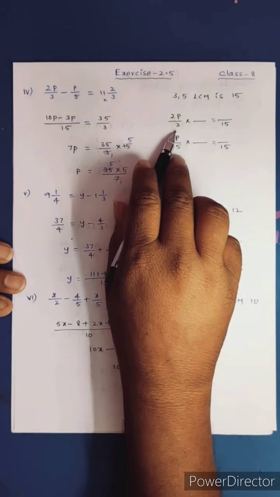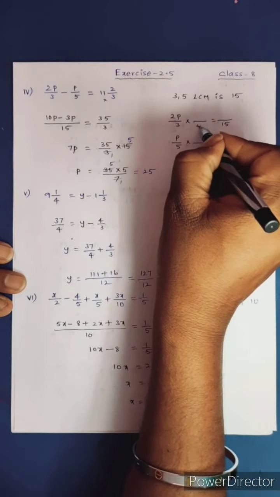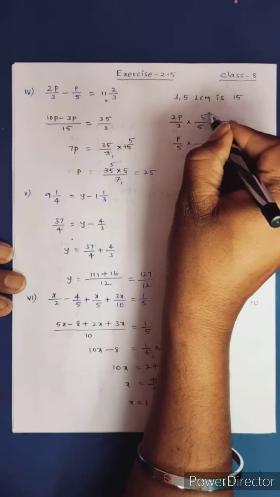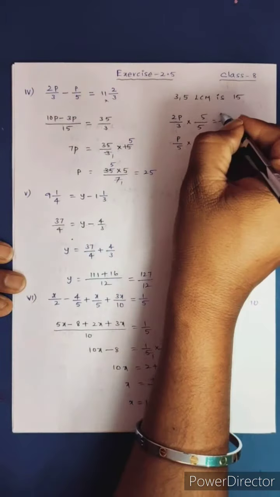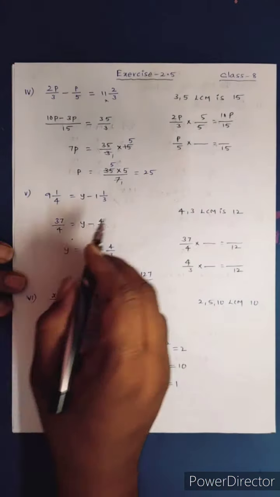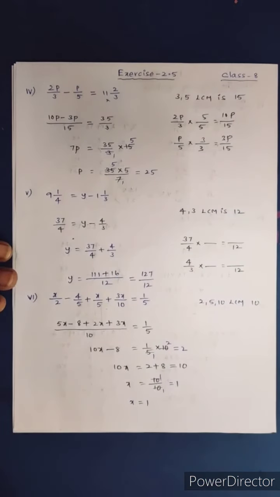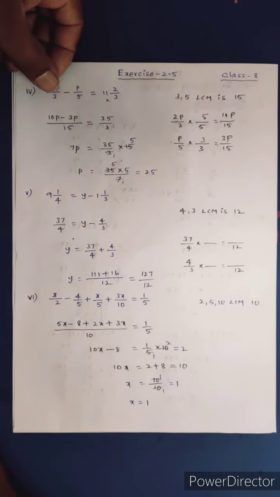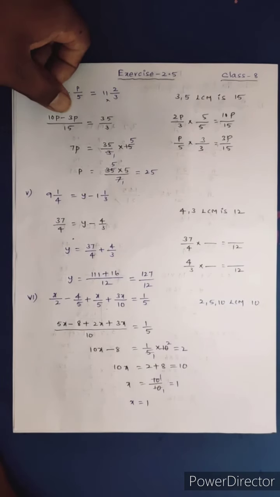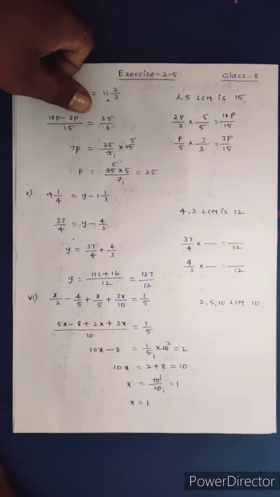Now change the denominator 3 to 15: 3 fives are 15, 5 twos are 10, so 10p. 5 threes are 15, 3 into p is 3p. So 10p/15 minus 3p/15, their difference is 7p.